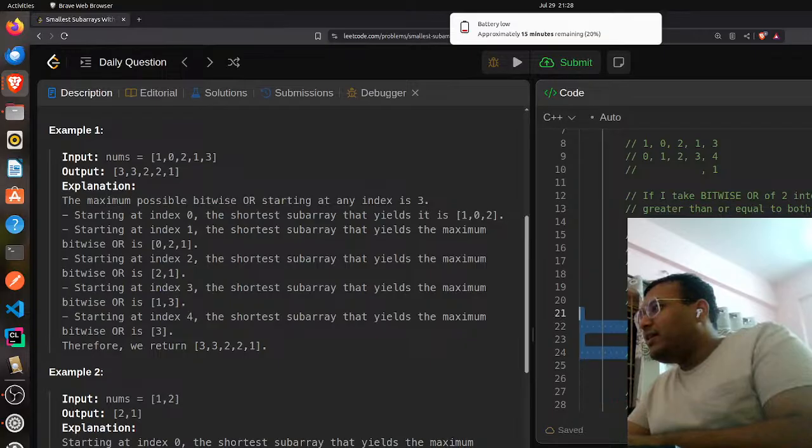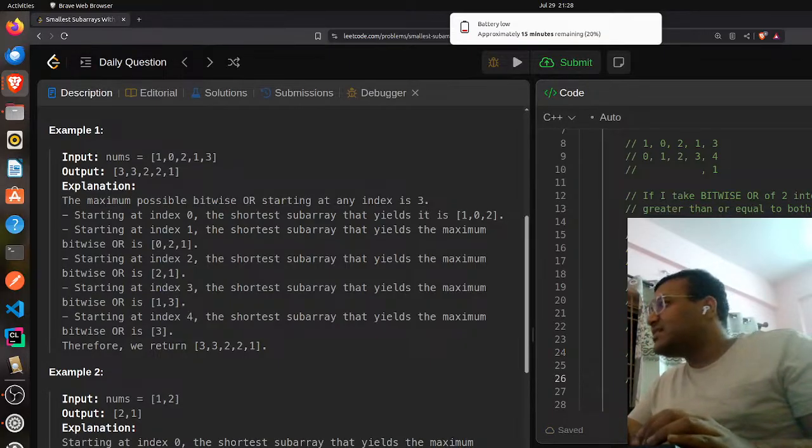Okay, so what does this result give us? What does this result tell us?